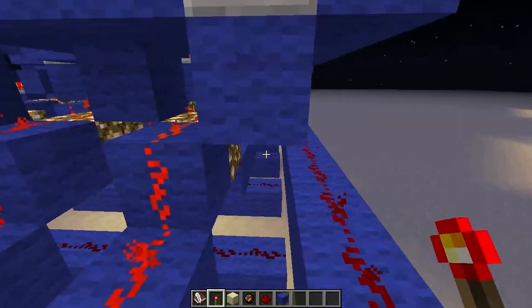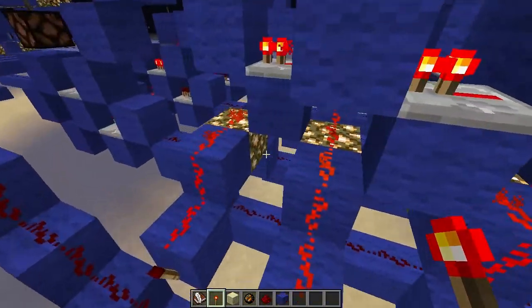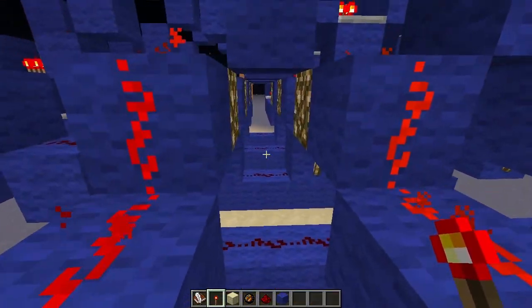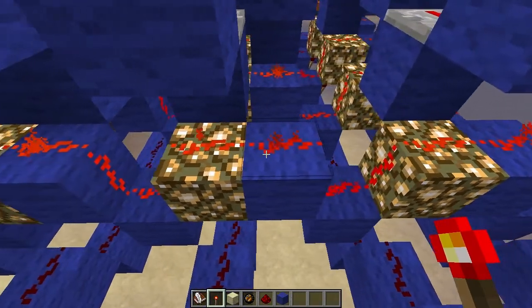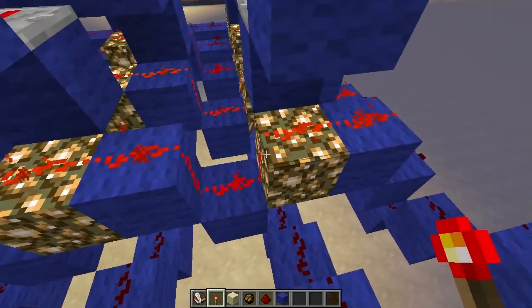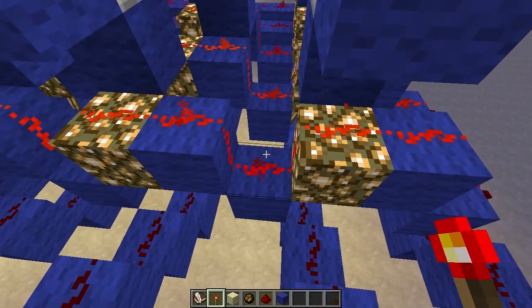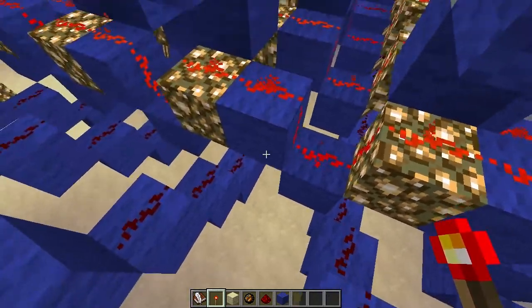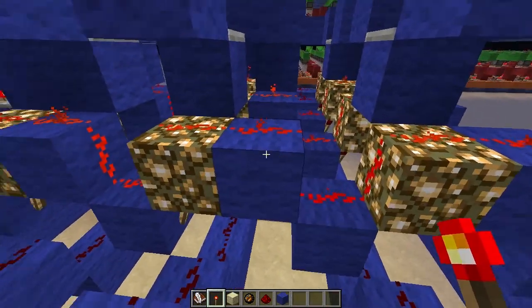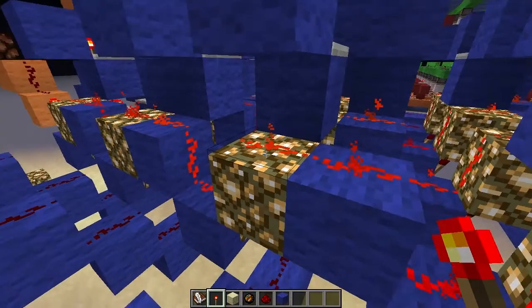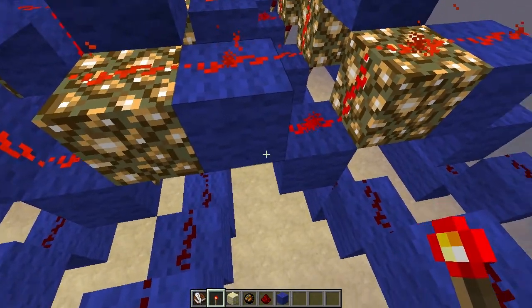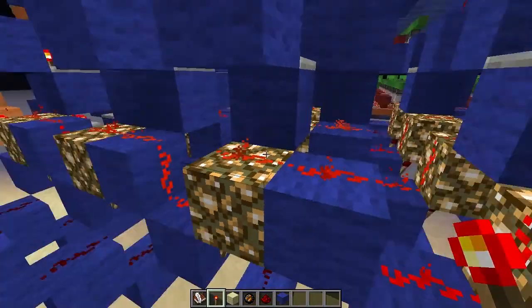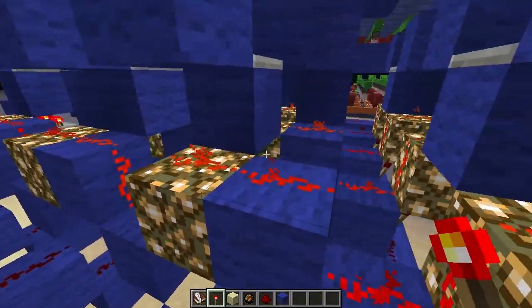So the first thing that comes to mind is this thing. You can't just place this glowstone to the left and lower this blue wool block, because the redstone signal won't go down from the glowstone. So this is problem number 1.